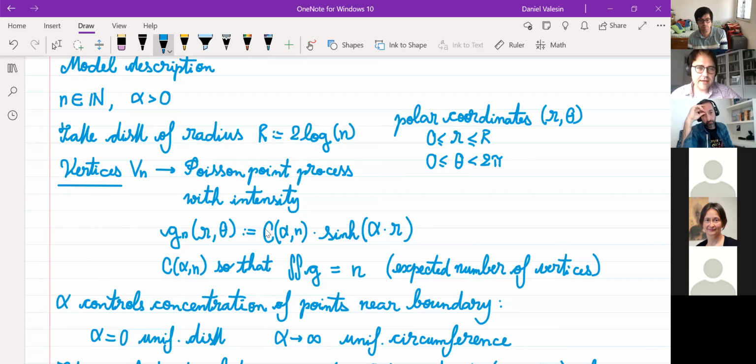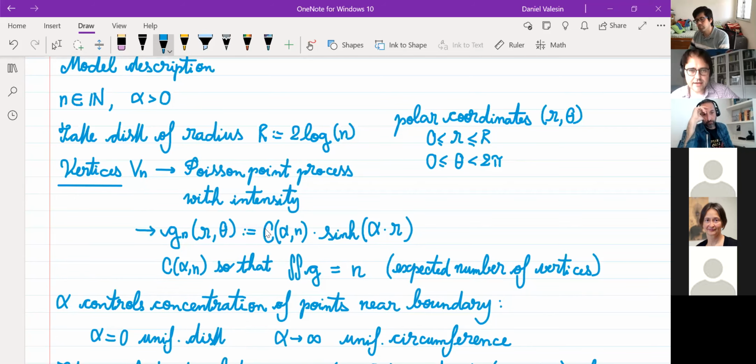Then the set of vertices of the graph will be this V_n. This will be a Poisson point process on the disk, with a certain intensity function with respect to Lebesgue measure. In front there is just a normalizing constant, which depends on alpha and n.